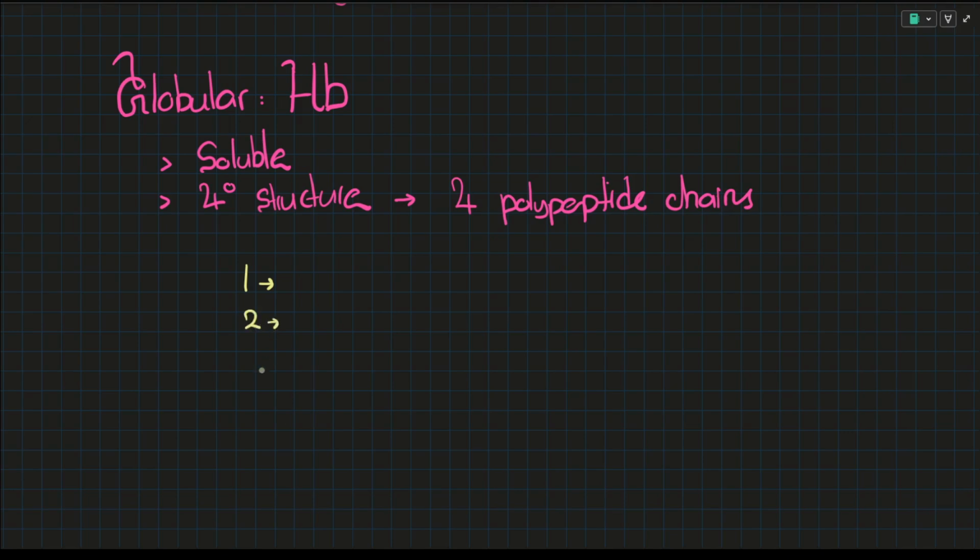1, 2, 3, 4. First, what we have is something we call the alpha globin. And then we have a second alpha globin. Then we have a beta globin.